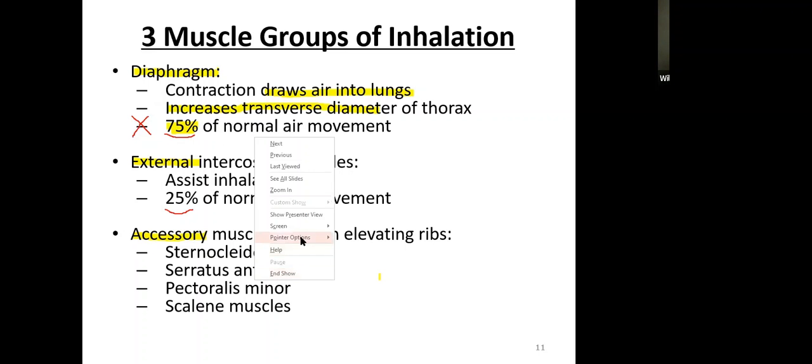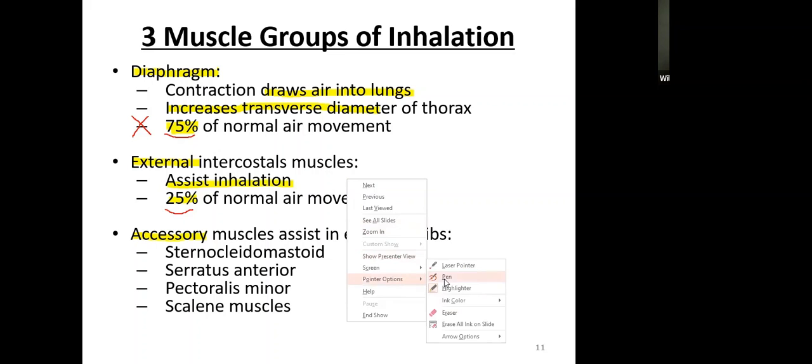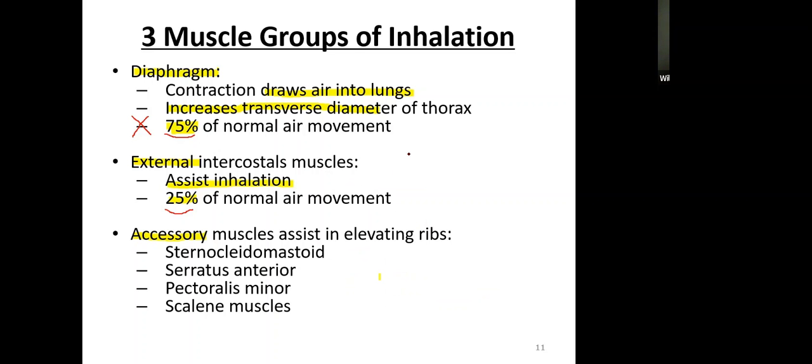But what people forget is that 25% of normal air movement is controlled by the external intercostal muscles. So they assist in inhalation. Now, we started to talk about cases a few weeks ago, and we looked at things like multiple rib fractures and flail chest.